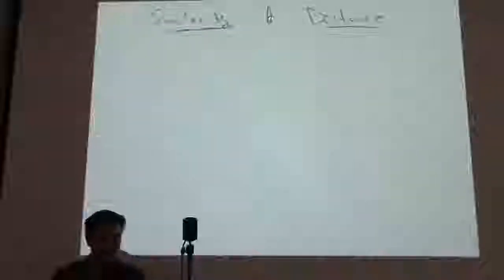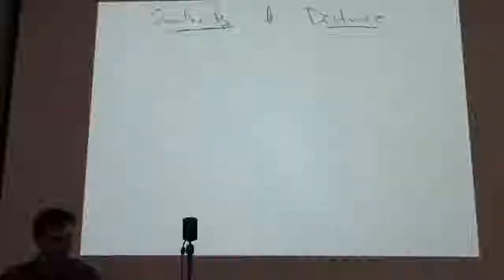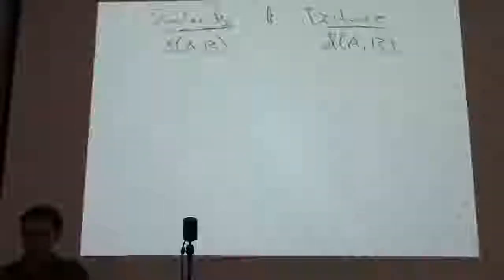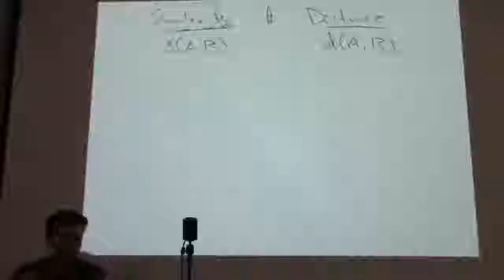And so, just so it's clear what's going on, often I'll write a similarity between two objects as A and B, and a distance as some form of something like this.